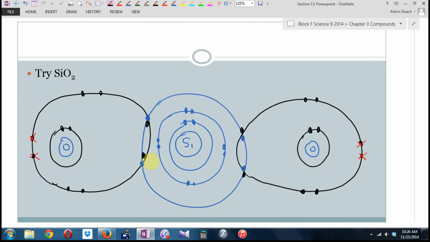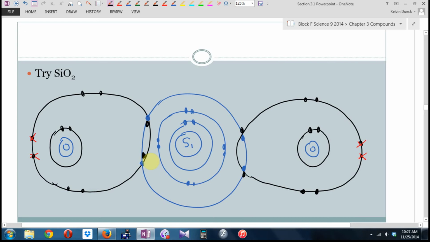How many black outer electrons do I have? 6 in each oxygen, so I haven't changed oxygen. But how many dots does oxygen have in its outer shell if I go all the way around? Does it have a full 8? 2 blue, 6 black. What about silicon? 4 blue, 4 black.